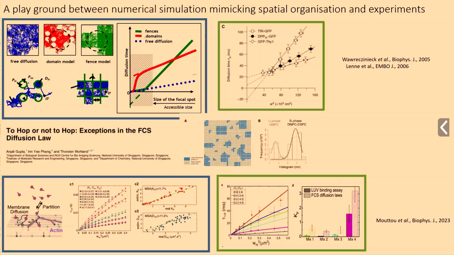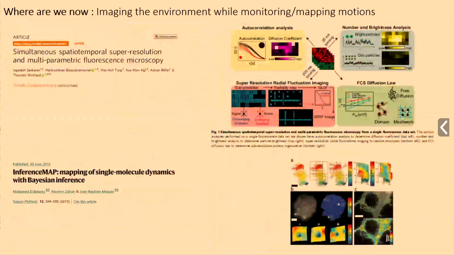These are numerical simulations. This is the predicted result. This is the observation. And this is the comparison of this partition coefficient, for example, when we use these FCS diffusion laws and when we use another assay, and we can see that we are quite close to what we can achieve with another kind of experiment.